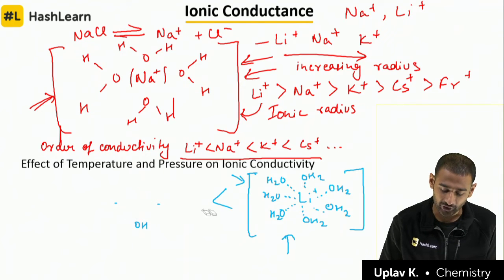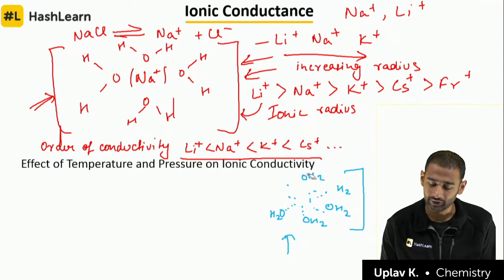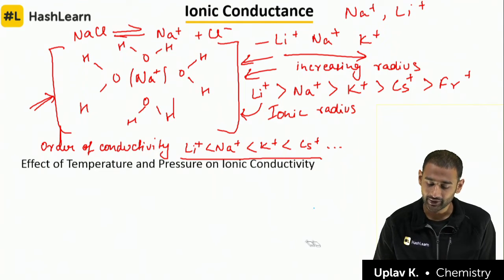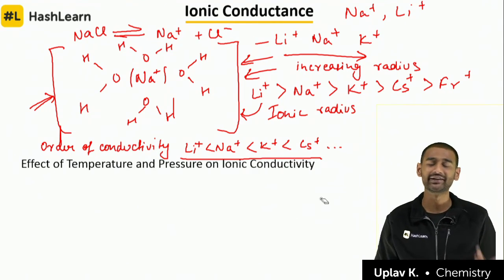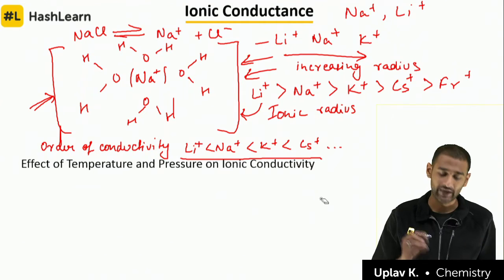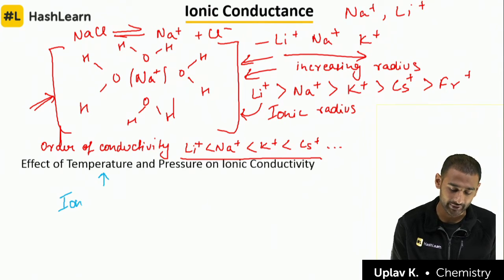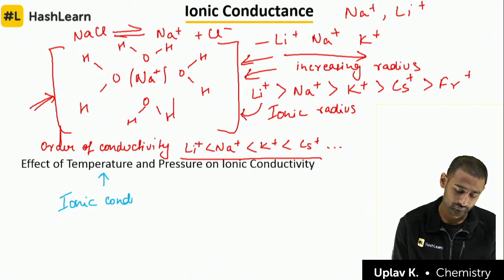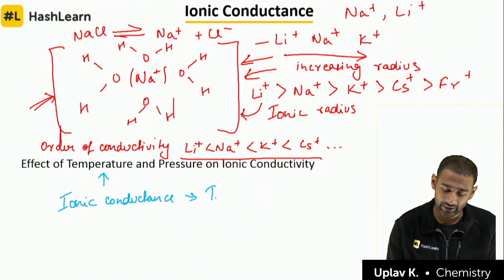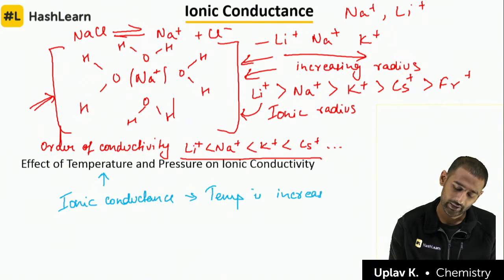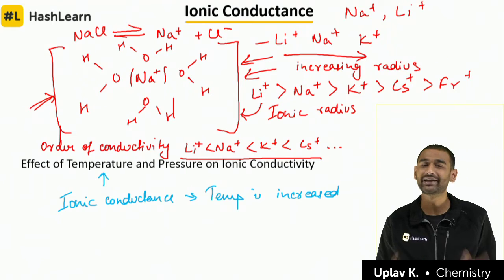Now let's see what is the effect of pressure and temperature on ionic conductivity. So Radhika, I talked about this thing in the previous class, right? Ki the resistance increases with increase in temperature. Now see what is happening and why it is happening. Now if you increase the temperature, I am talking about the ionic conductance, can I say that the viscosity of the water will decrease?